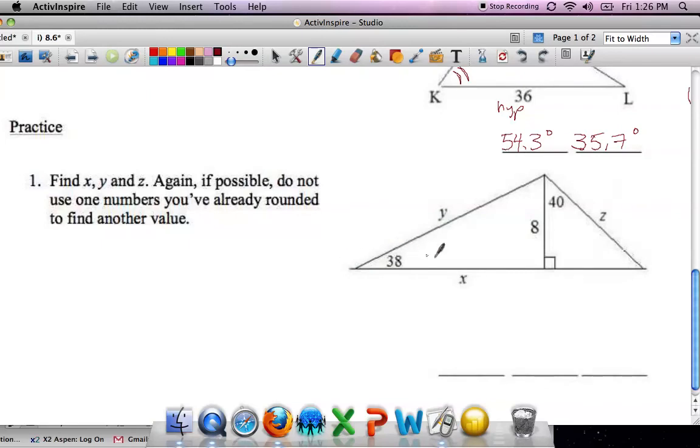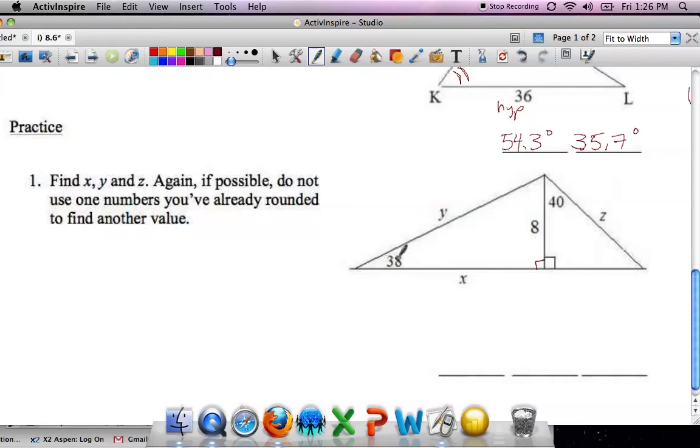Okay, so here's a diagram that shows 3 triangles, 2 right triangles, and we have to find some information about those 2 right triangles. So I would think step 1 might be to find x and y, and let's do that.